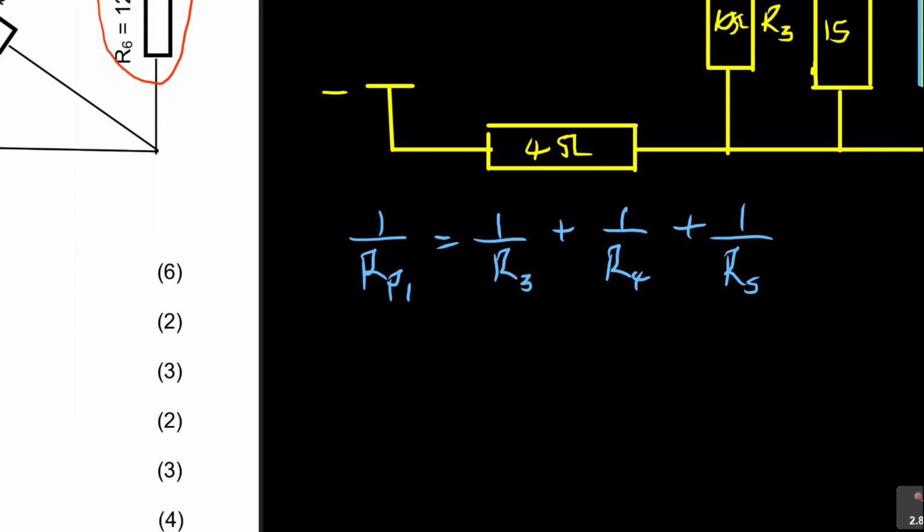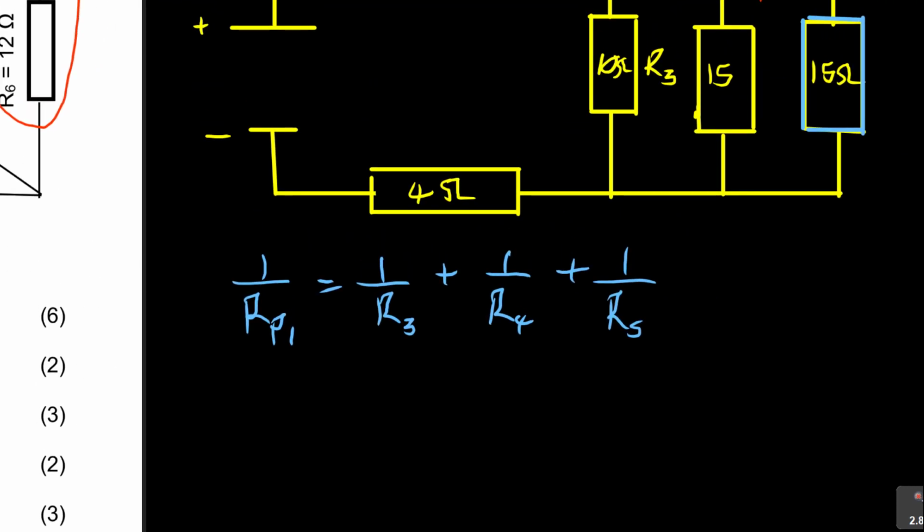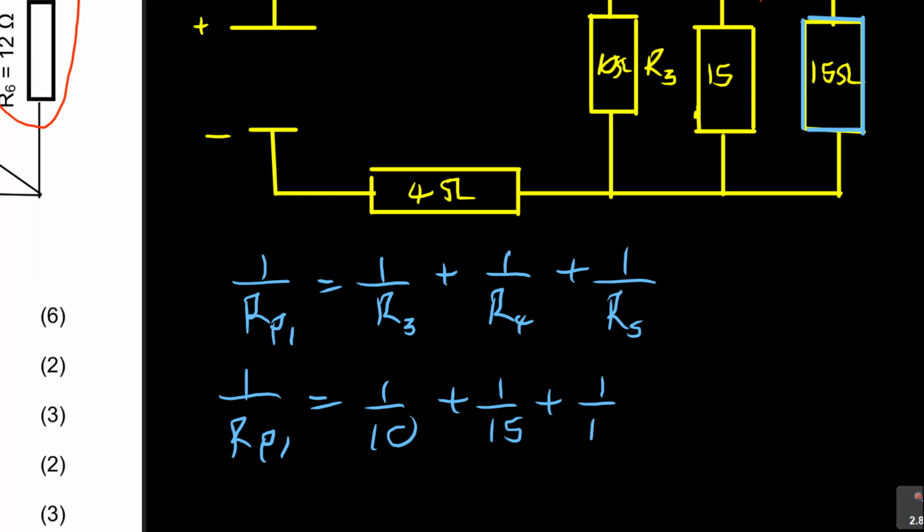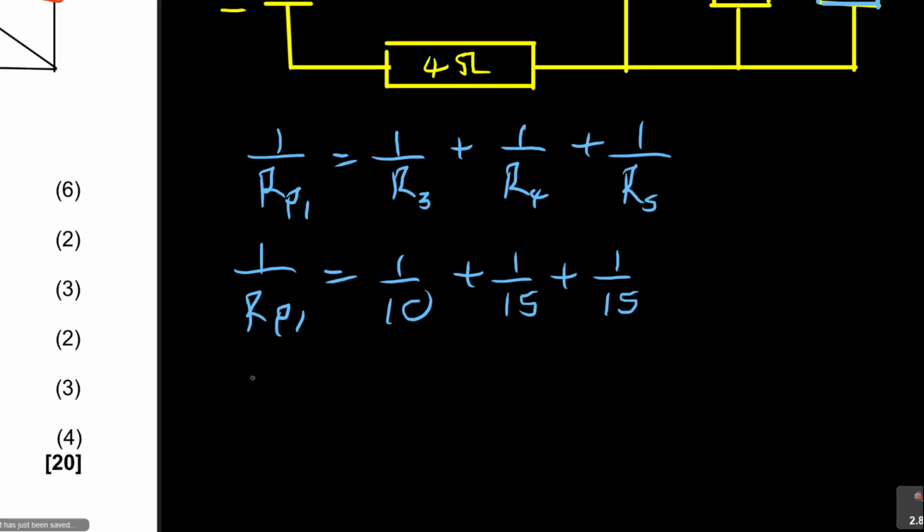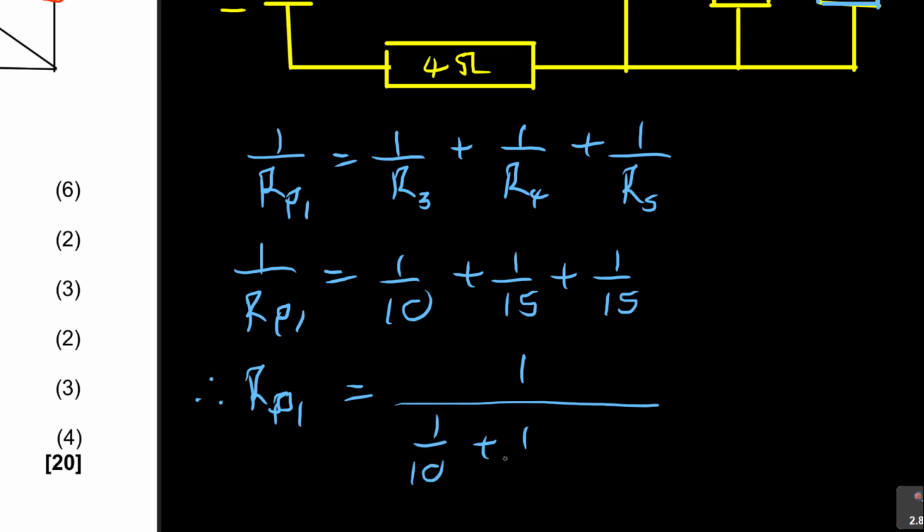Look at this. And then it's a matter of adding, which is 1 over R parallel 1 is equal to 1 over 10 plus 1 over 15 plus 1 over 15. Okay, so now I told you how to do R parallel 1. Therefore, it's 1 over 10 plus 1 over 15 plus 1 over 15.